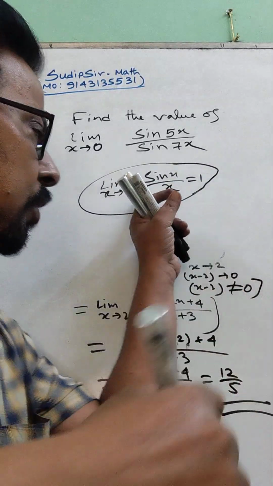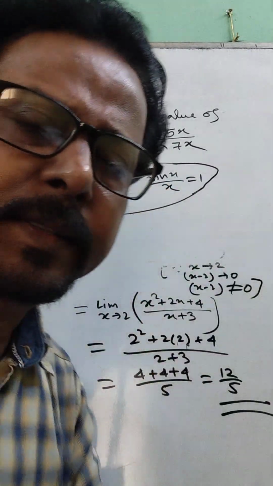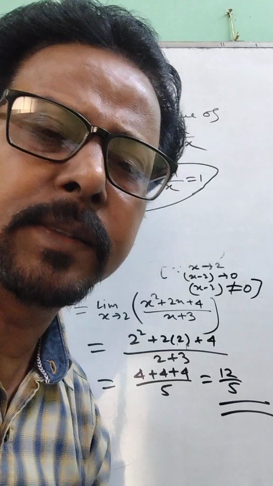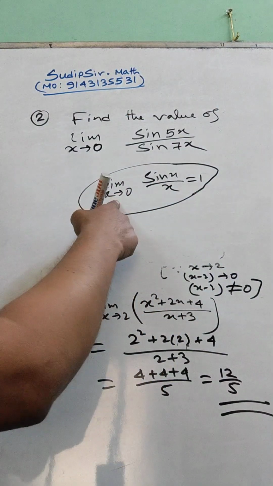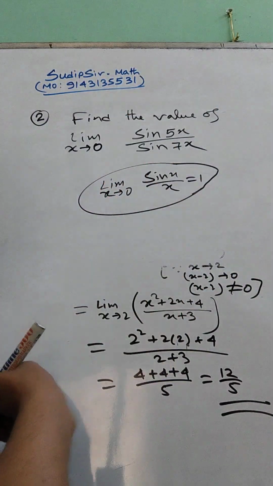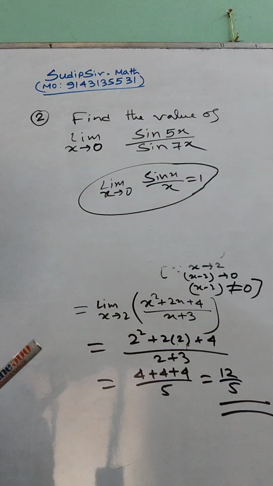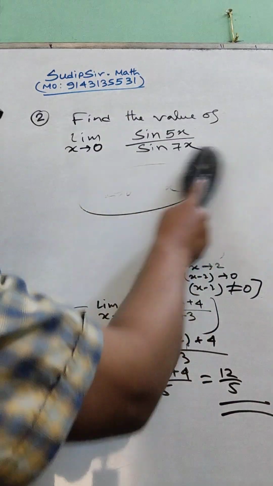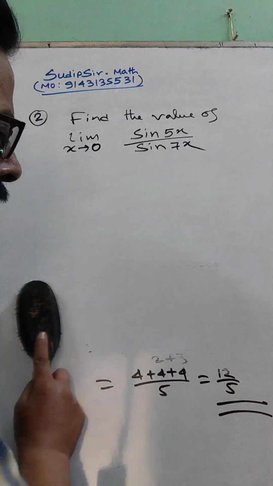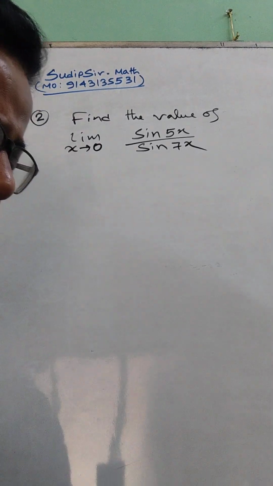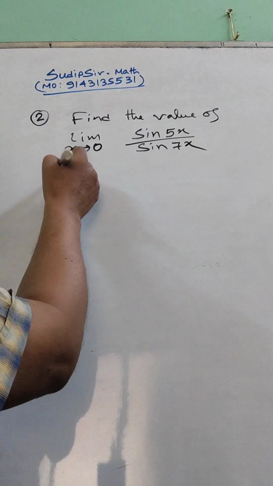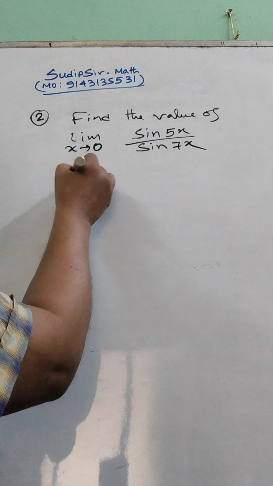Okay. So our standard limit is limit x tends to 0, sin x by x equal to 1. So we have to modify this to get the limiting value. By using that property, we can divide it.